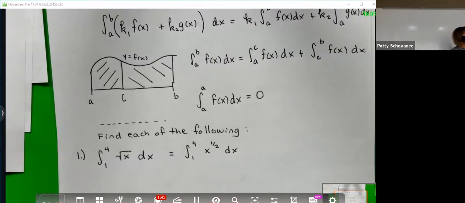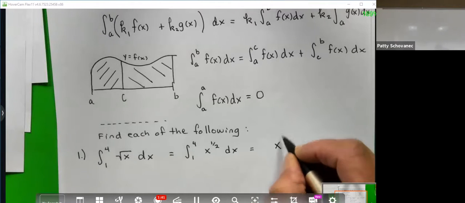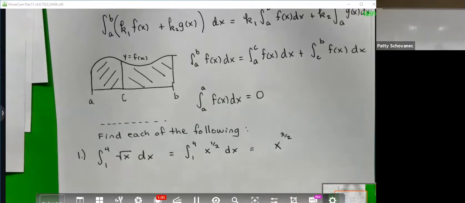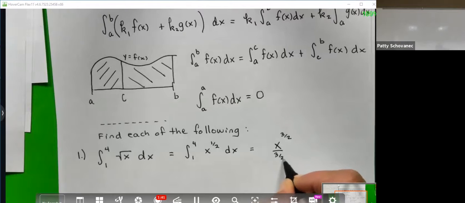Now you calculate the antiderivative. Add 1 to the power and divide by the new power. So your antiderivative is going to have a 3/2 power. And then when you divide by 3/2, you flip and multiply. So that's going to put us at 2/3 here. But let me go ahead and write 3/2 here for now.